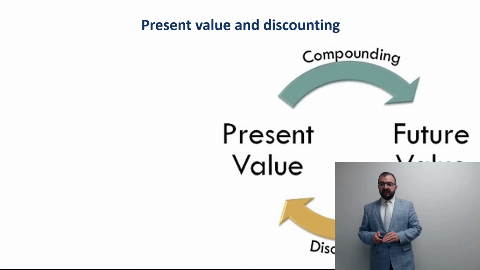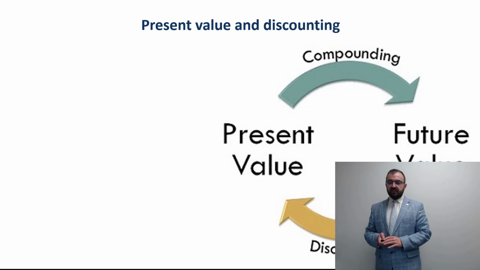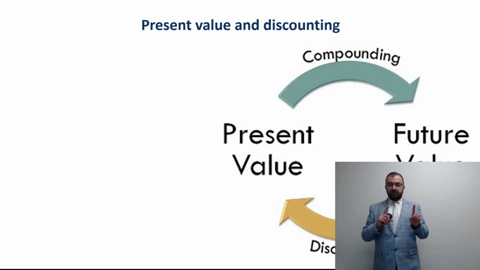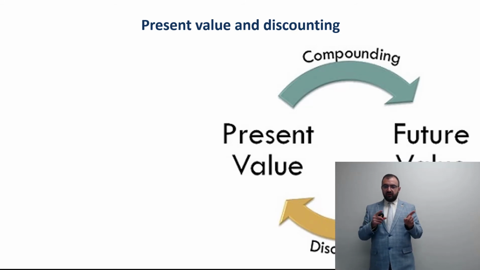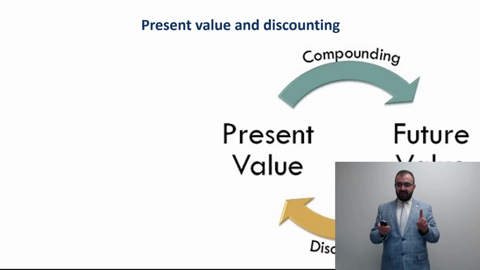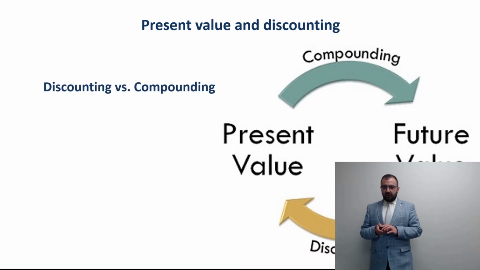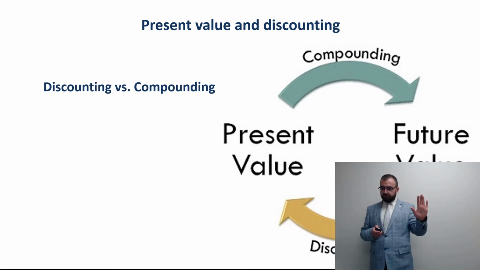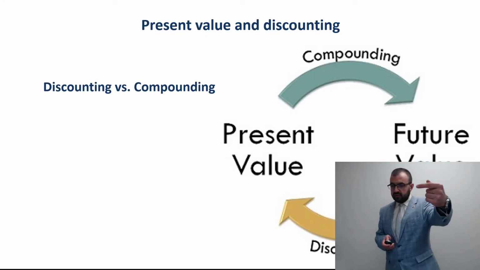This figure provides a good visual representation of discounting and compounding, and you can understand here very well that calculating the present value or future value are opposite scenarios. In case of the compounding, we know what is the present value, and we are compounding to figure out the future value.